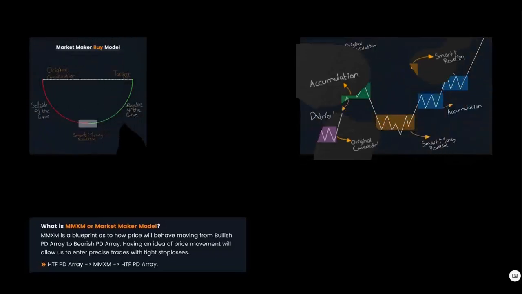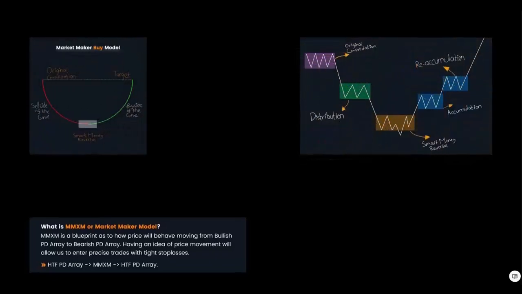But firstly, for you to understand this trading model in the easiest way possible, imagine the market as a circle. The lower side of the circle is considered the market maker buy model.